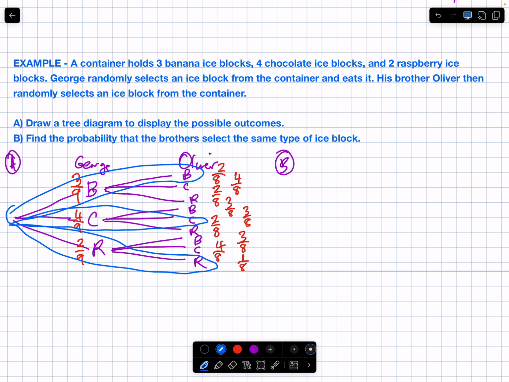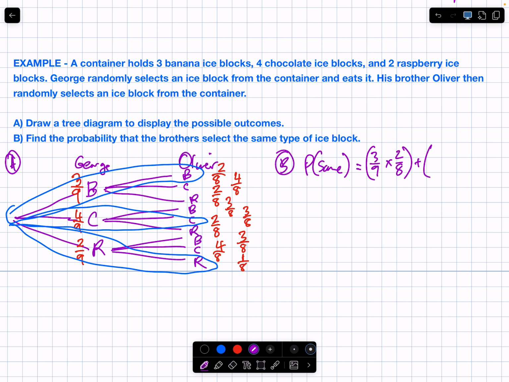probabilities to add. So the probability same is going to be 3 over 9 times 2 over 8 plus, what would the next one be? That second branch that I highlighted.